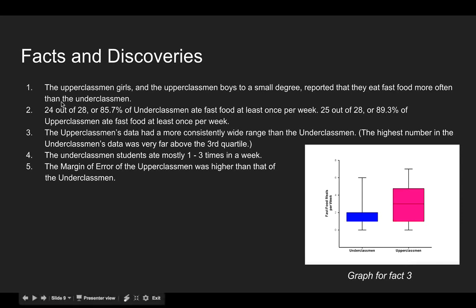Another interesting fact was that 24 out of 28, or 85.7% of underclassmen ate fast food at least once per week, and 25 out of 28, or 89.3% of upperclassmen ate fast food at least once per week.